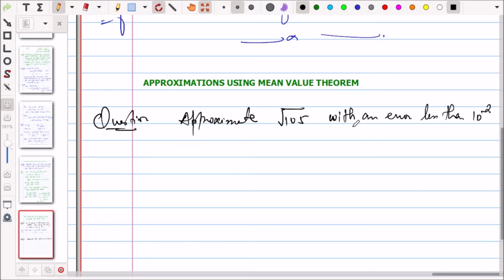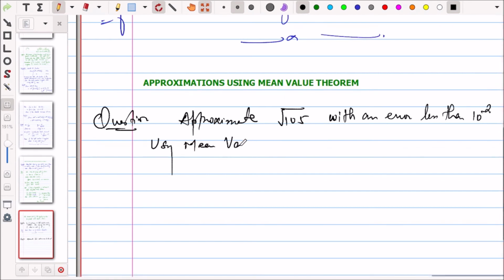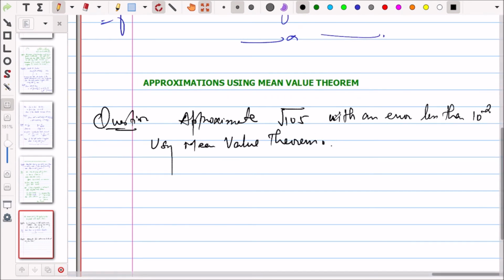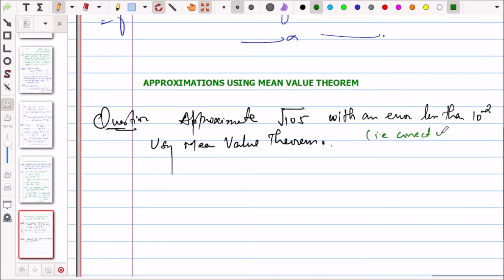Basically, what does this mean? Okay, with an error less than 10 to the power minus 2 using mean value theorem. So we can use mean value theorem to approximate this root 105 with an error. So error less than this means that it is correct up to 2 decimal places.